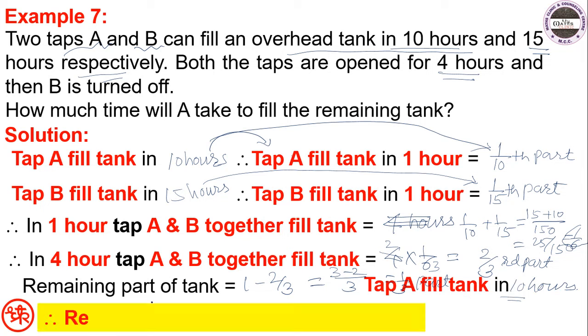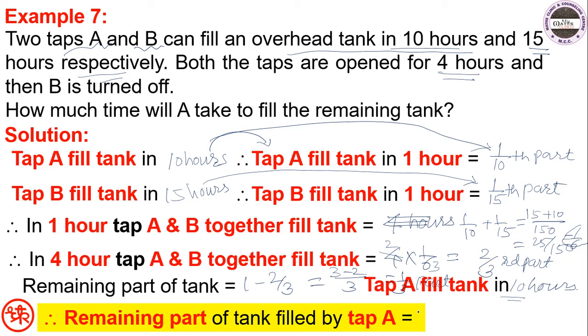So the remaining part of tank filled by tap A is equal to 10 into the remaining part, 1 by 3, and that is equal to 10 by 3, and so it is equal to 3 1 by 3 hours.